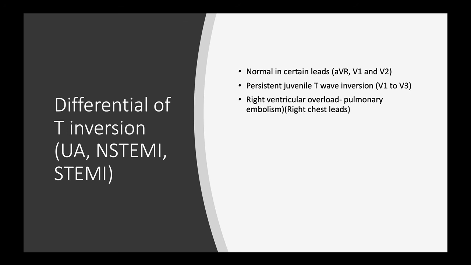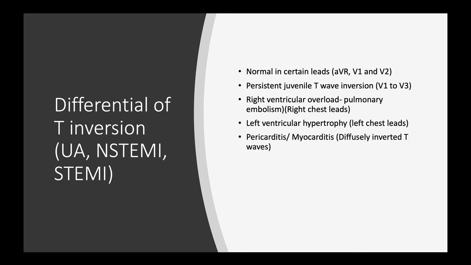Right ventricular overload, pulmonary embolism, either acute or chronic, can present with T wave inversions on the right chest leads, whereas in left ventricular hypertrophy, you can get T wave inversions and your strain pattern on the left chest leads. Pericarditis, myocarditis can cause diffuse inverted T waves.